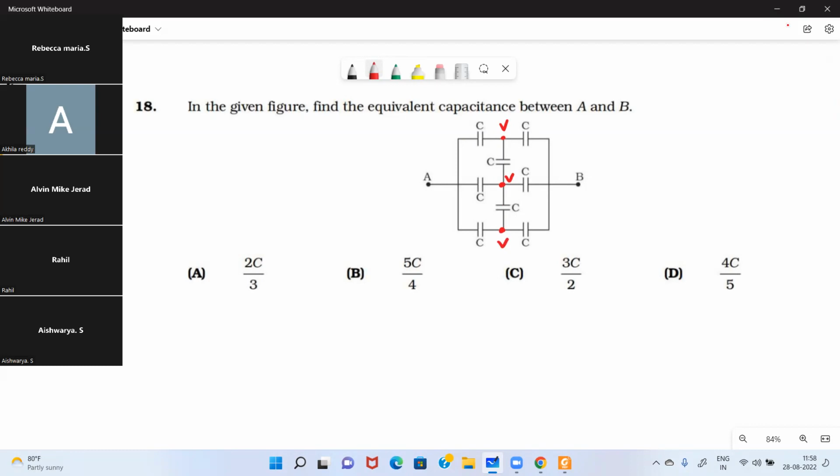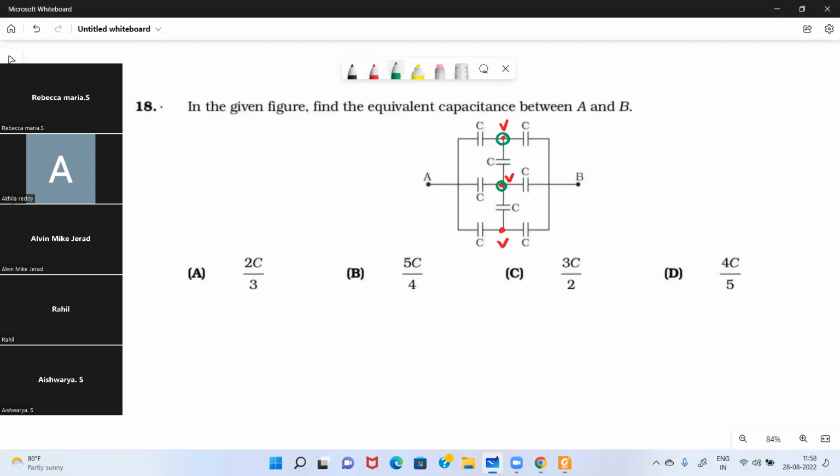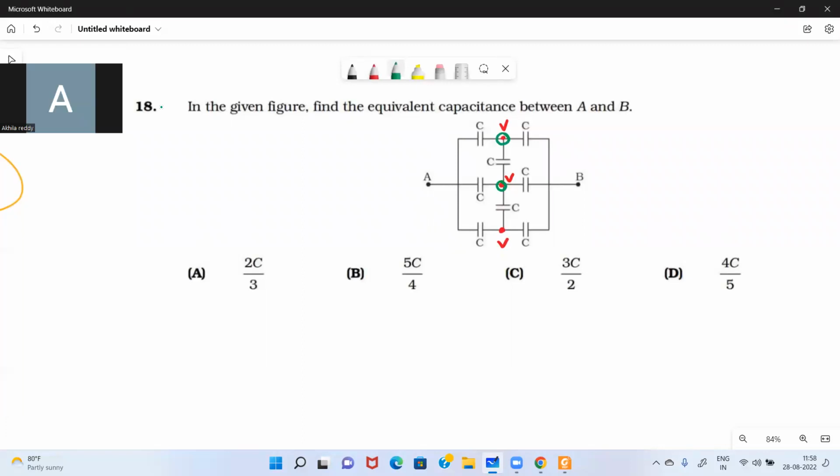So what is the next step? If the potentials are going to be the same, then between this point and this point, is there any potential difference? No, sir. No potential difference, correct?